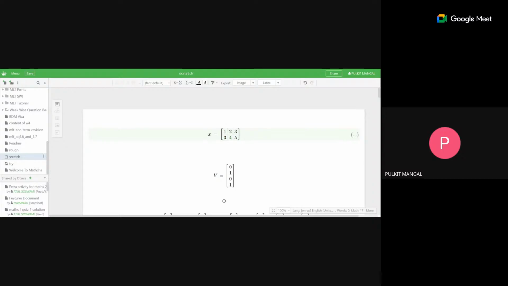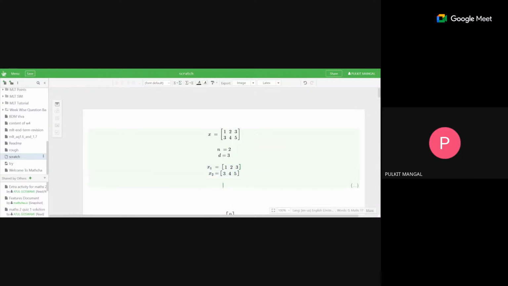So this is your n cross d matrix. Here n is 2, which means you have two words, and d is 3, so each word's dimension is 3. Your x1 is 1, 2, 3, and x2 is 3, 4, 5. These are the embeddings of these two words.